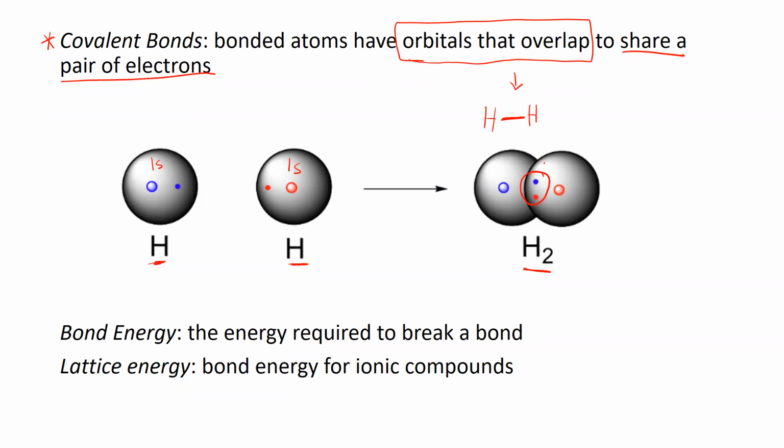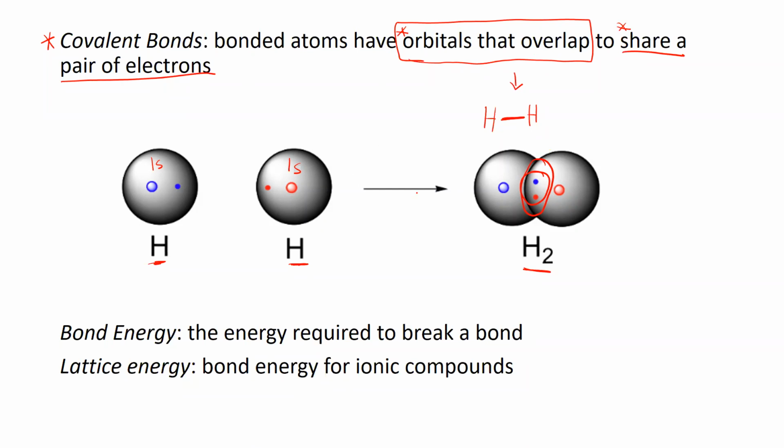And in the region where you have this overlap, right in here, that's where you tend to see those electrons being shared. That's something we call a localized bonding model. We're going to spend more time on that a little bit later. But those are the two things: you need to have orbitals that overlap from each of the bonded atoms, and they have to share a pair of electrons.